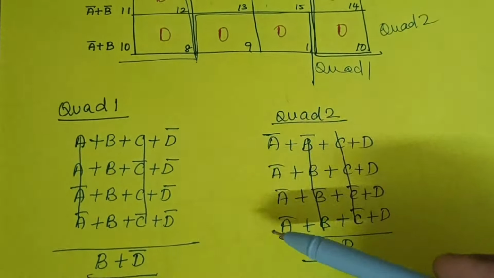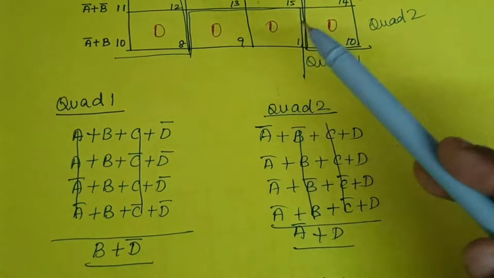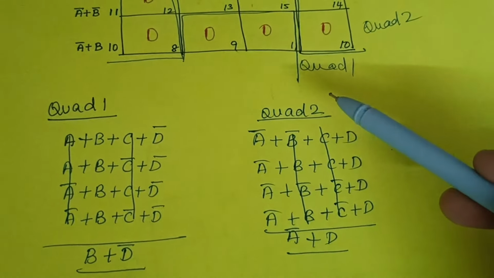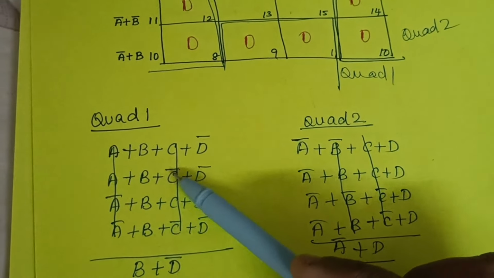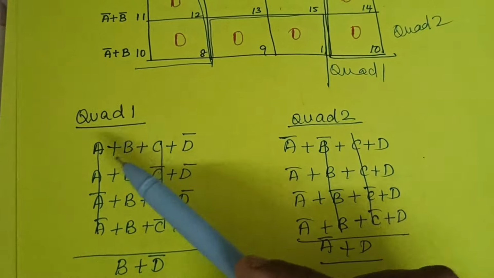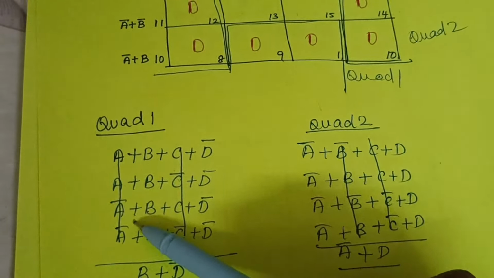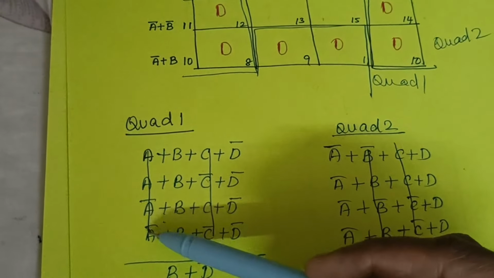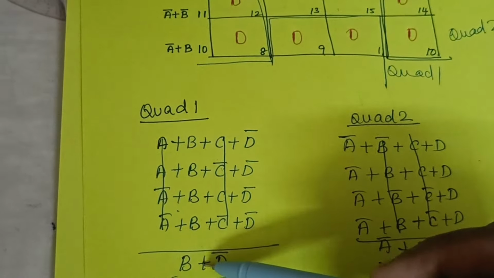After solving the sum, quad 1 and quad 2, you have to check the rows and columns of whatever you are mapping. But here, in between, you have to mention plus, while in SOP we won't mention any symbol. The same way, when solving quad 1 of the expression, you check the variables: if they are different, you cancel them, and if they are the same, that will be your answer.